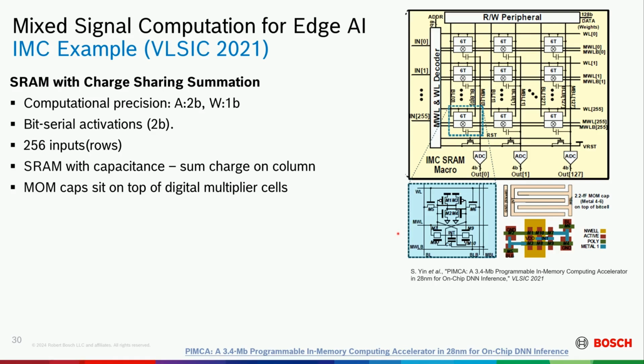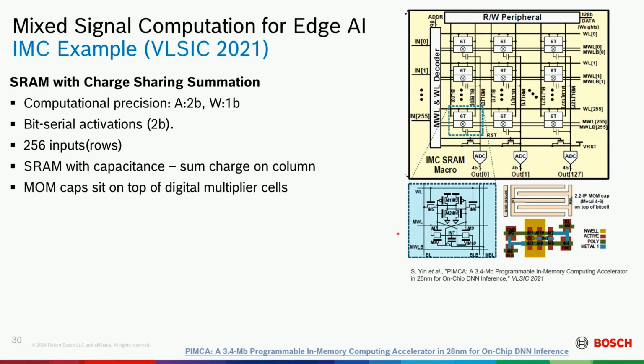So here's an example of exactly this type of approach. Jason Lee, I think one of his students was doing this. It's SRAM with charge sharing summation. The computational precision is: activations are 2 bits, weights are 1 bit. It's bit serial, with 256 rows.